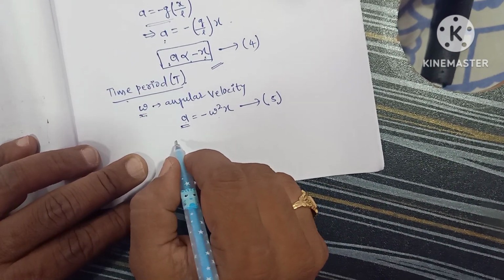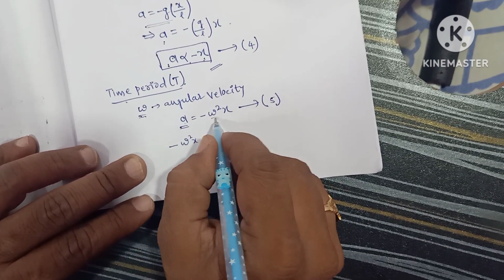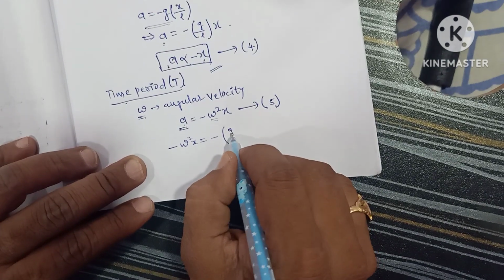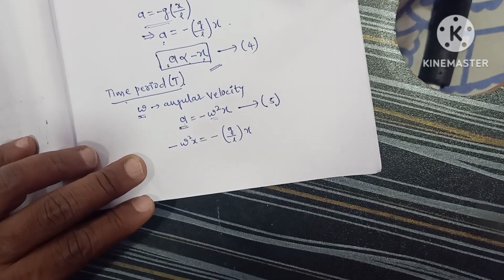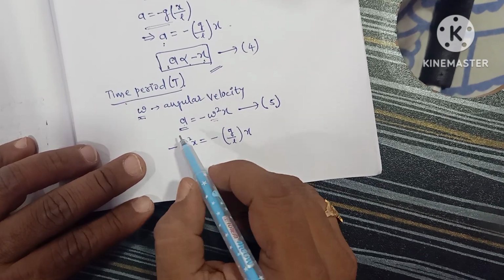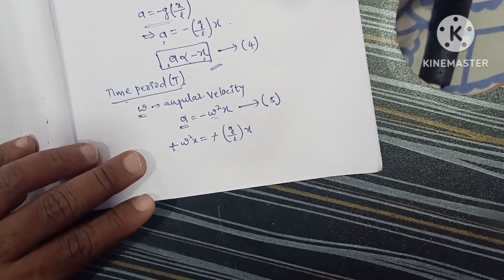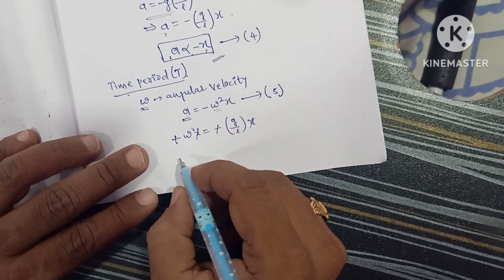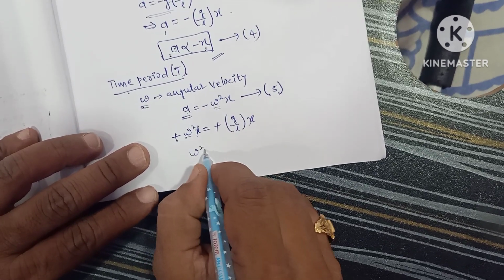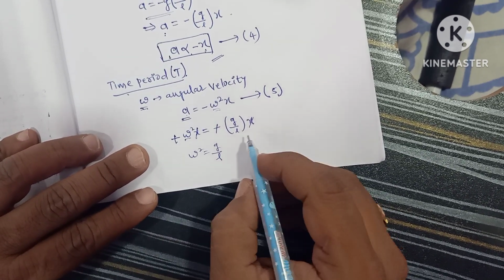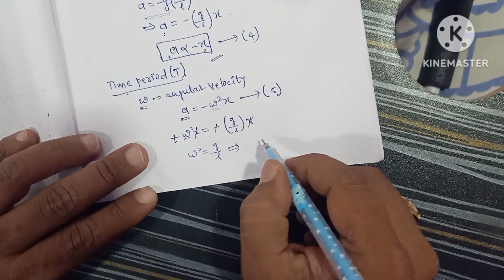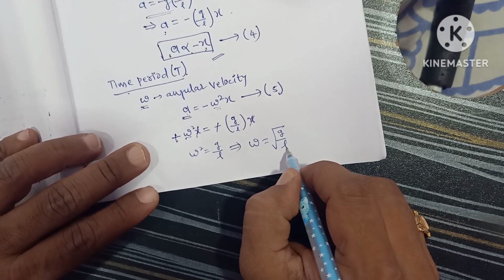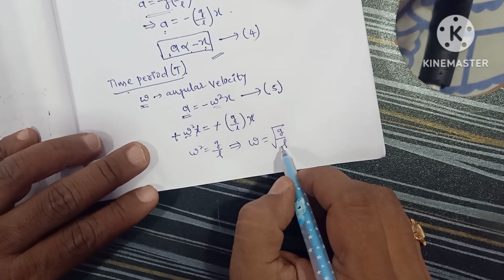If we equate RHS, then minus omega square x equals minus g by L into x. Both the minus signs cancel with each other, then x will get cancelled, then what is remaining? Omega square is equal to g by L. Or else if the square root comes this side, then omega is equal to under root of g by L.